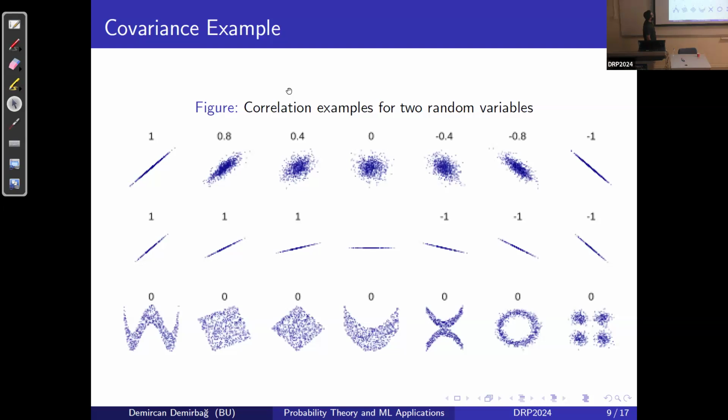Those graphs are examples of correlation. Correlation is basically normalized covariance. Here we see that if the correlation is 1, without any noise, they tend to increase together. But this cannot catch the slope of your tendency.